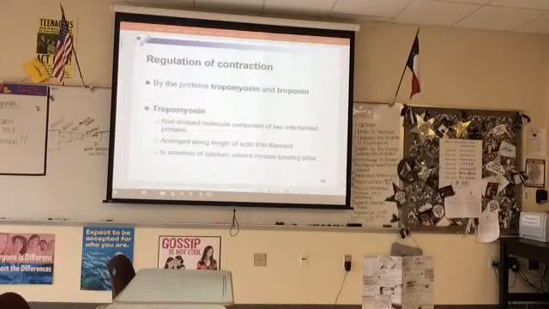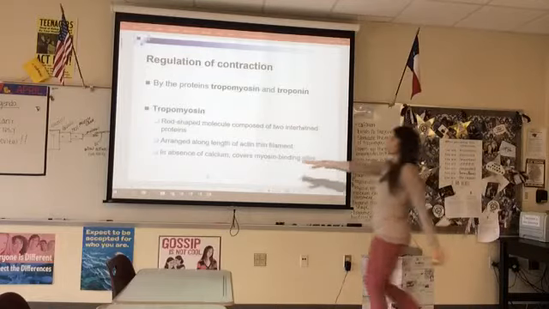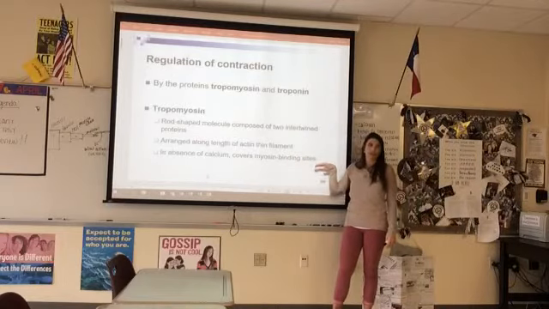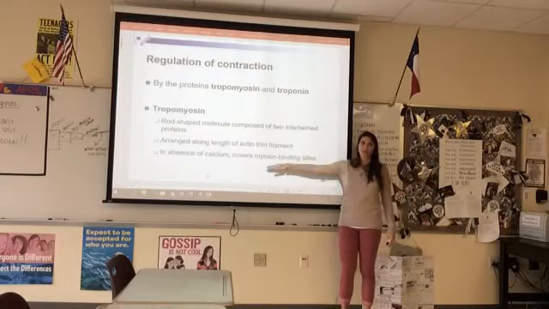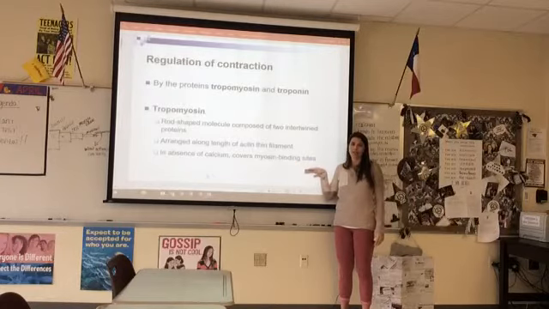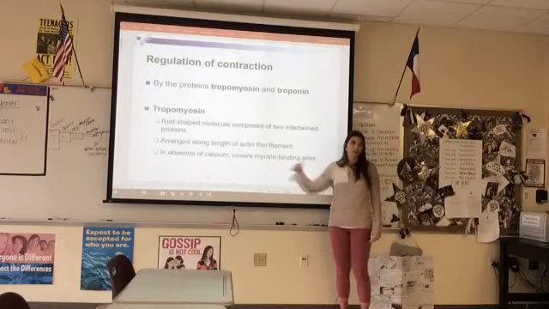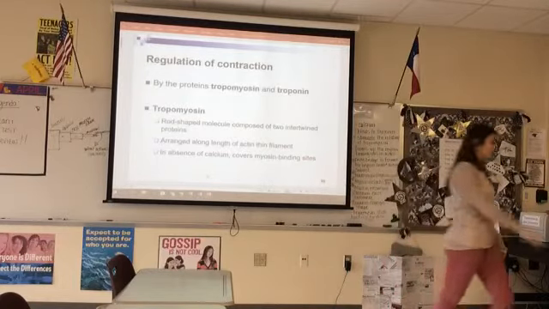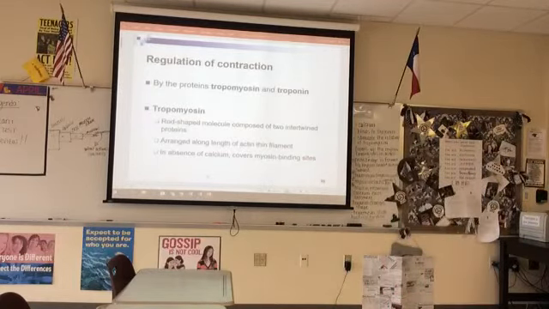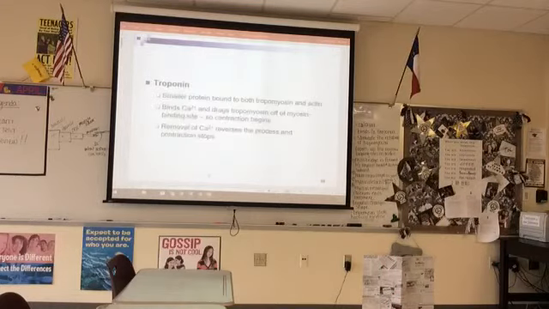Okay, so what I'm telling you right here: if calcium is not present, the myosin binding sites stay covered. What's the muscle doing? Nothing. So calcium is not there, that muscle is not contracting. Okay, troponin is the protein that calcium binds to, and once it changes its shape, it will then stimulate the movement of tropomyosin.